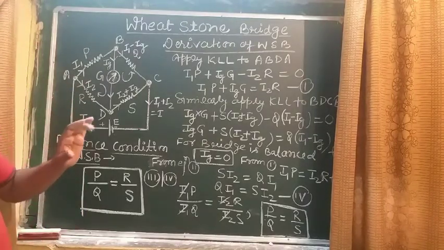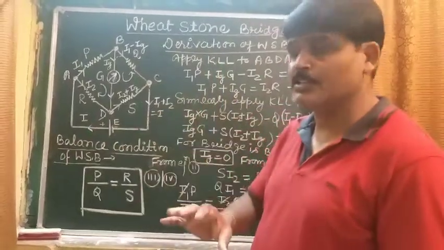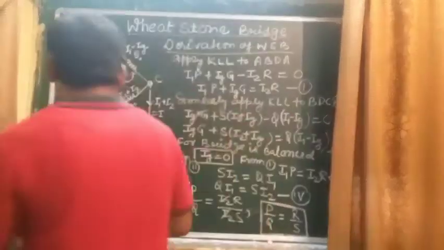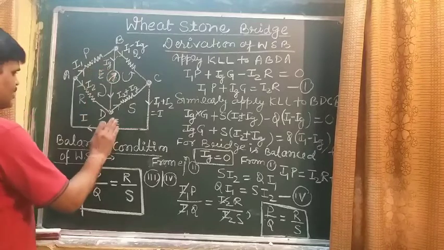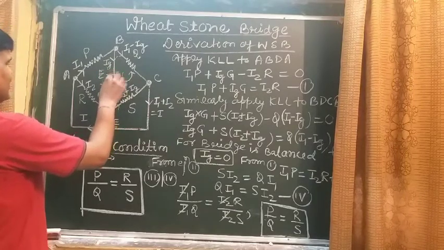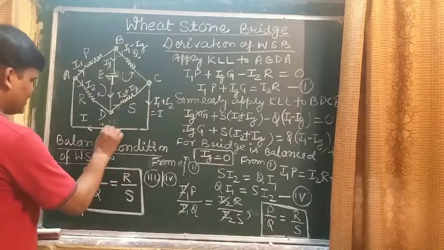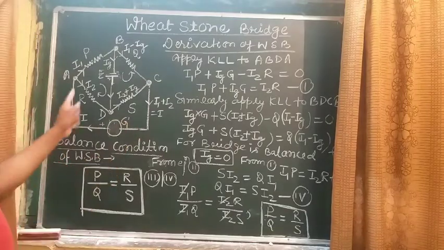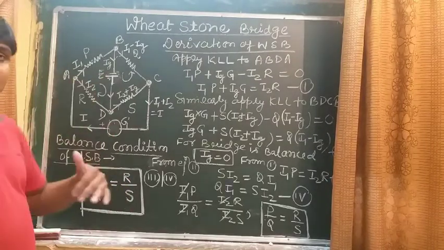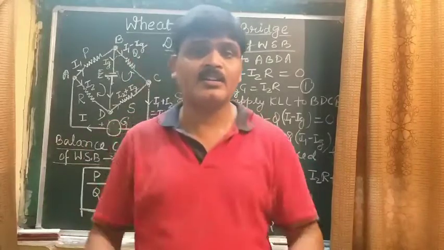It must be remembered that at the balance condition of the Wheatstone bridge, if we exchange the position of the galvanometer and the cell, suppose the cell is here and the galvanometer is here, there will be no effect on the balance condition, and the bridge is still balanced.